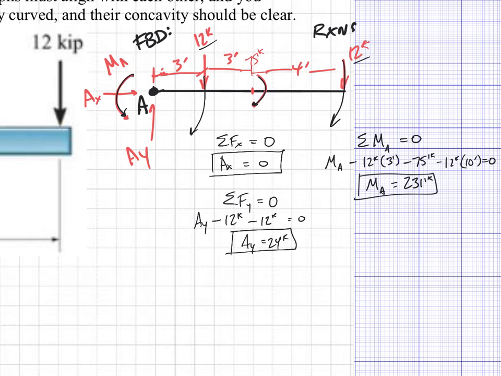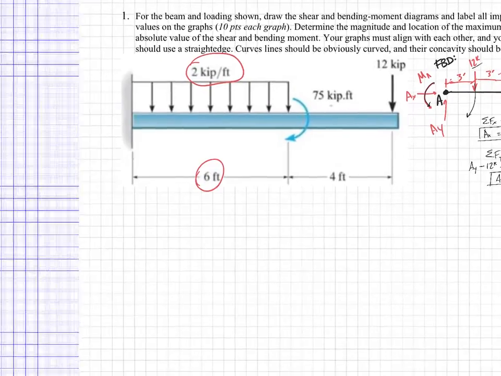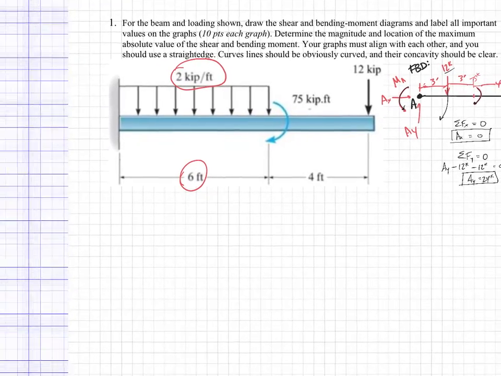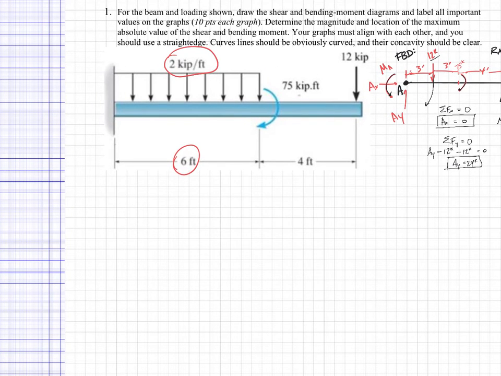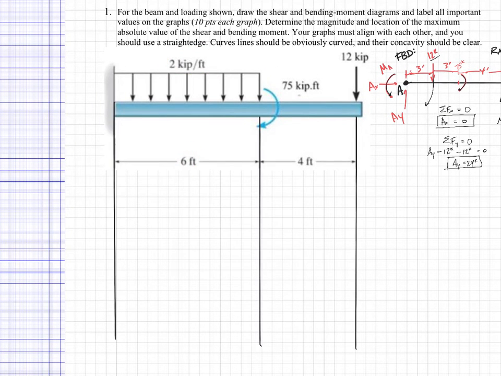Okay, so we're good. Now we're going to go back over here and look at the global thing. I'm going to pause it for a second while I draw these vertical lines. Okay, so we've got the vertical lines, and now we're going to draw the forces that are acting here. So I've got 24 kips here, and I've got 231 foot kips going this way.